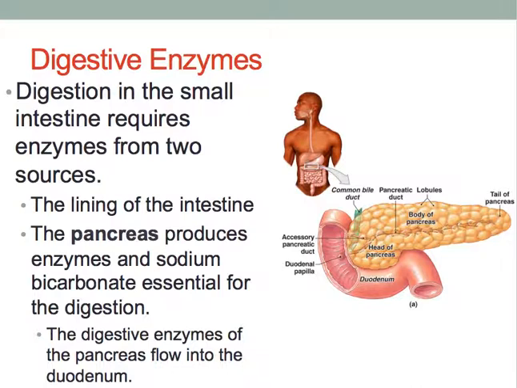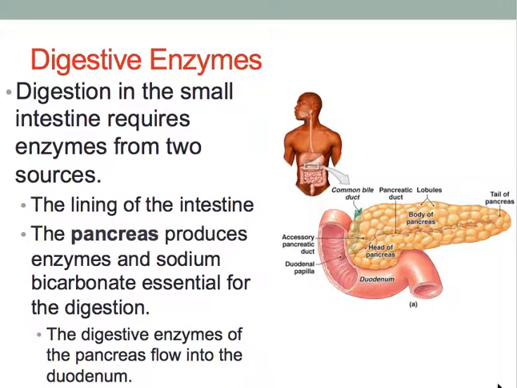Enzymes break down large food molecules into smaller ones that can pass through the lining of the intestine, where they then enter the bloodstream. Digestion in the small intestine requires enzymes from two specific sources. One of them is the lining of the intestine itself, and the other one is the pancreas.